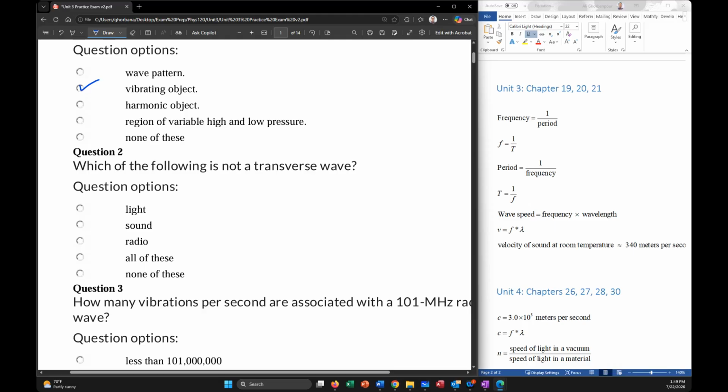But sound is an example of a longitudinal wave, because if you create a sound wave, it propagates in the direction of the vibration. So here, sound is not a transverse wave, it is a longitudinal wave.